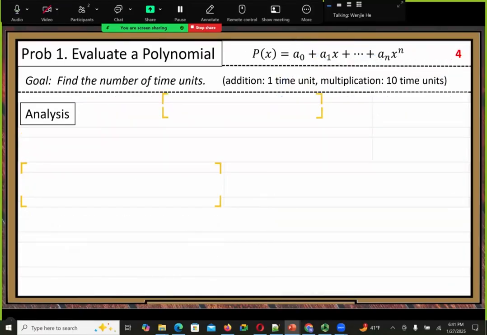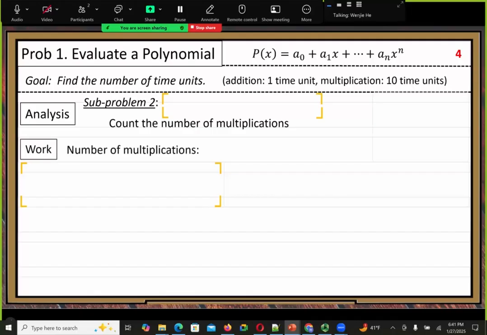All right, we solved the first subproblem. Second subproblem: this time we need to count the number of multiplications. When we count each term, we did it before, right? We already got the answer, k.